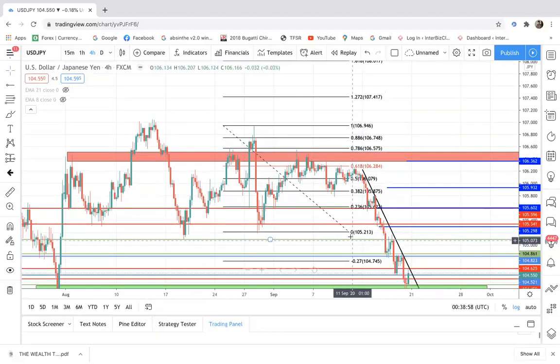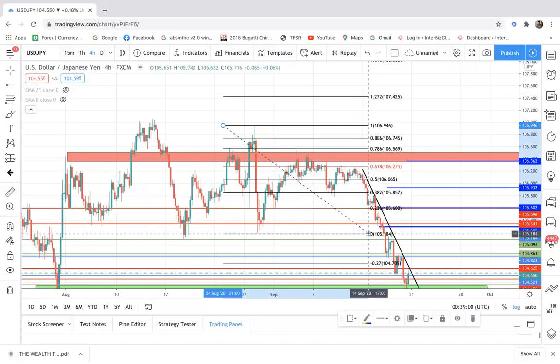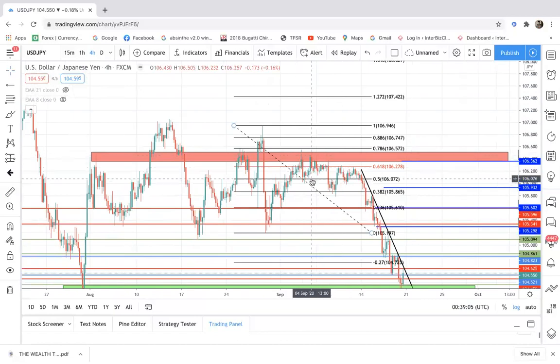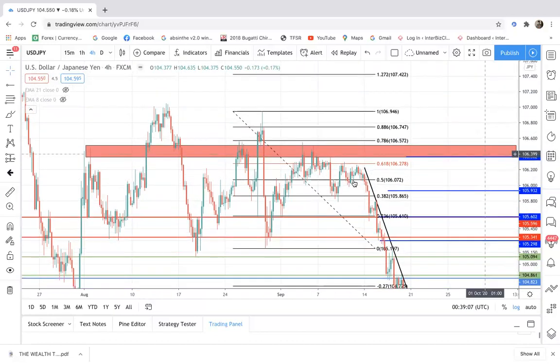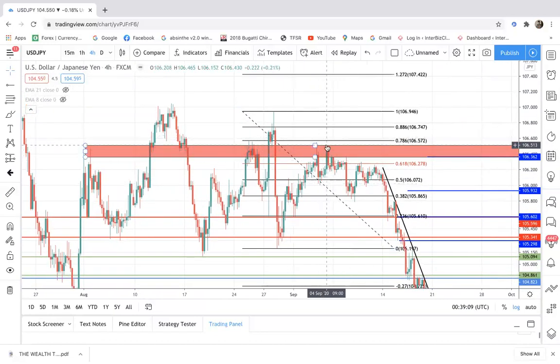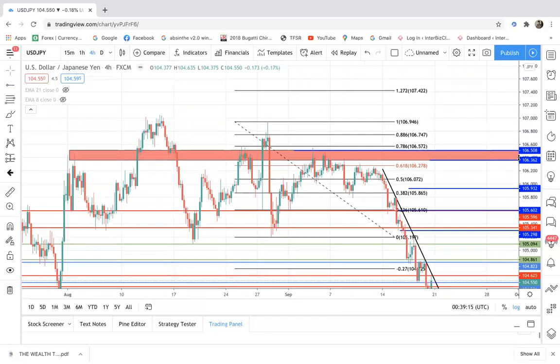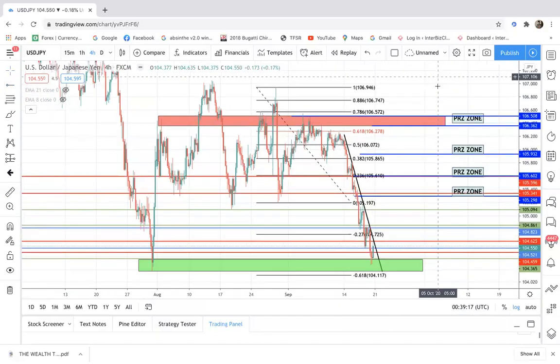It retested the 61.8 a few times actually before it dropped. So notice how these levels mean a lot. So had you been able to anticipate the 78.6 and the supply and demand zone, you should have had your sell limit right around here, anticipating the market coming down to complete this pattern.